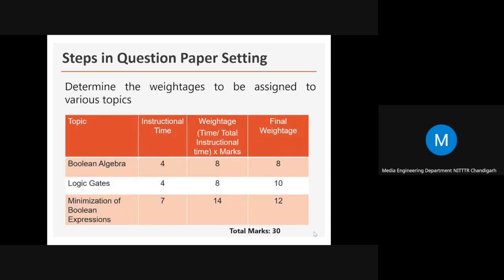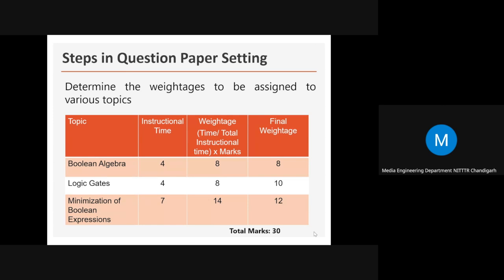Then the first thing is that we need to determine the weightages to be assigned to various topics. When we refer to the syllabus of a particular subject, many times we see that instructional time is indicated, that this unit will have so many hours, then the second unit will have so many hours. Those instructional hours allotted to different units or topics are not uniform.